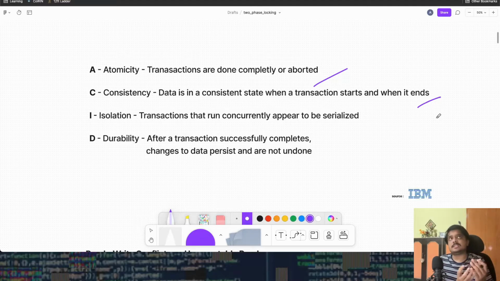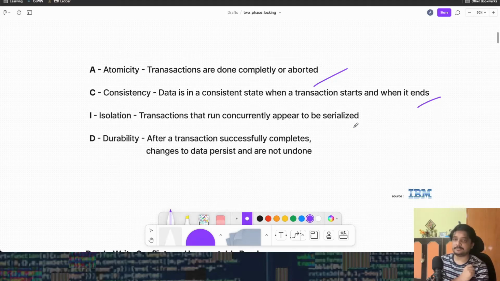So we can generally say that if the database was in a consistent state before the transaction starting, it should be in a consistent state after the transaction has completed. So the database needs to make sure that the transaction does not change the data in any way that does not follow the rules of the database, right?